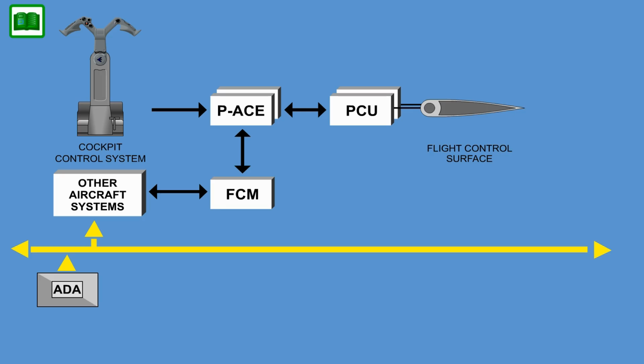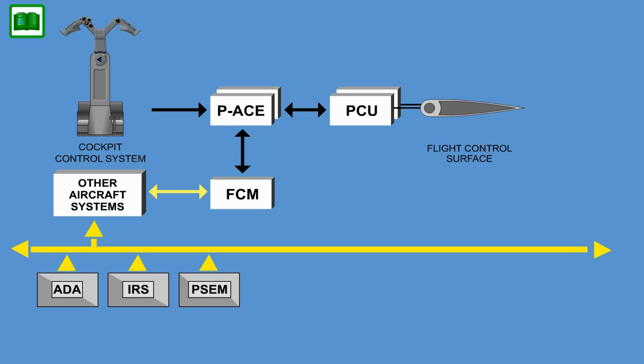Smart probes and the air data application modules provide air data for various airspeed augmentation commands. Inertial reference system provides aircraft attitude and accelerations to the flight control modules used for angle of attack limiting function computation. The proximity sensor evaluation module provides weight on wheels and ground spoiler position data to the flight control modules.